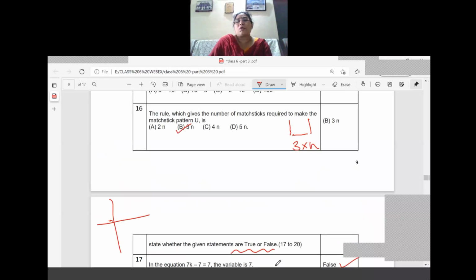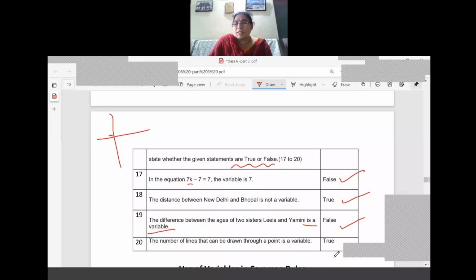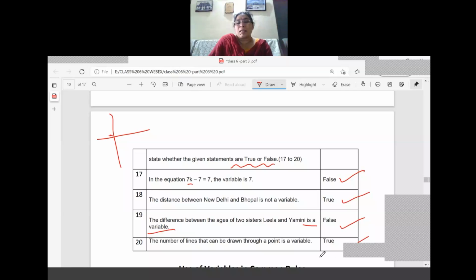We cannot say that only three; many is unknown to us. How many are possible? That is why we can consider it as true, right? So what is the number of lines drawn through a point? If you consider a point, many lines we can draw like this, it is uncountable. So let x be the number. It's a variable, that is true.